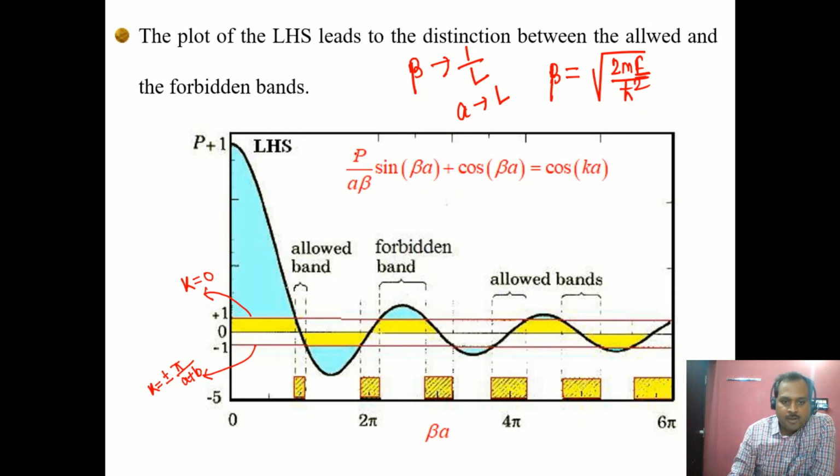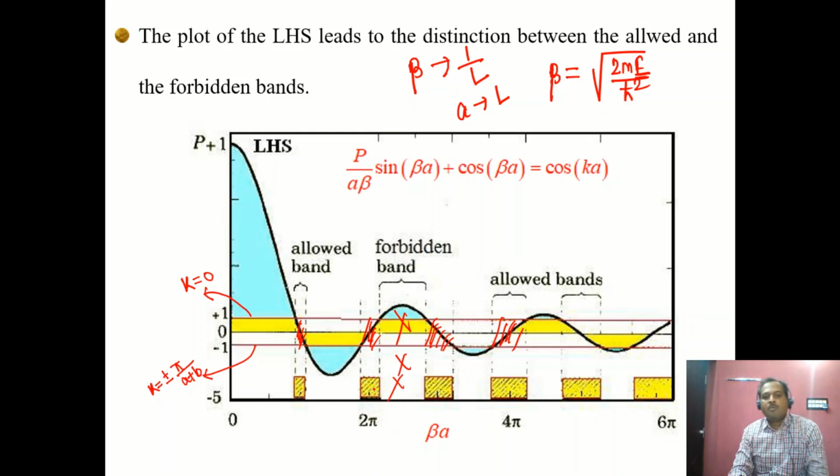Now if we carefully look into this graph, we can see that the regions which are inside -1 and +1 are the allowed regions. So this region, this region, this region, these are the allowed regions, and in between these allowed regions, certain regions are there which are not allowed.